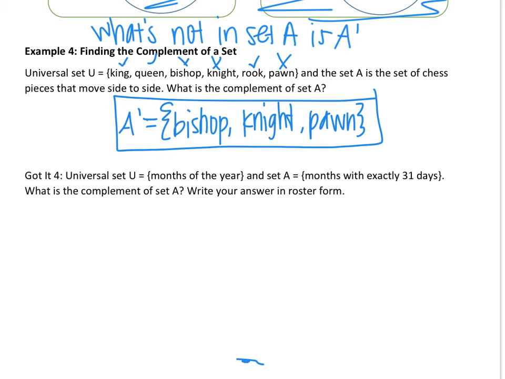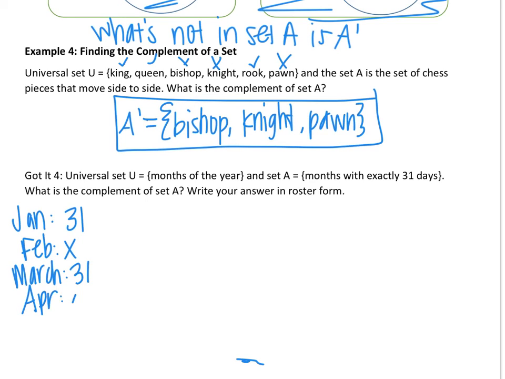Number 4. Set U, the universe, is the months of the year, and set A is the months with exactly 31 days. What is the complement of set A? Now you should know how many days are in each month, but just in case you don't, I'm going to tell you. January has 31. February does not. March has 31. April does not. May has 31. June does not.